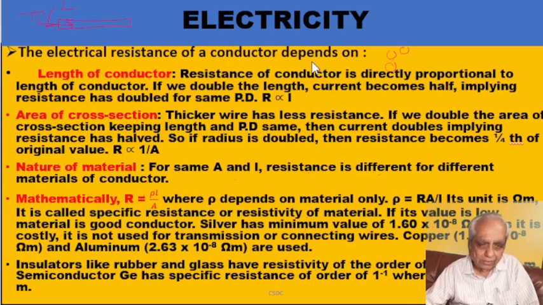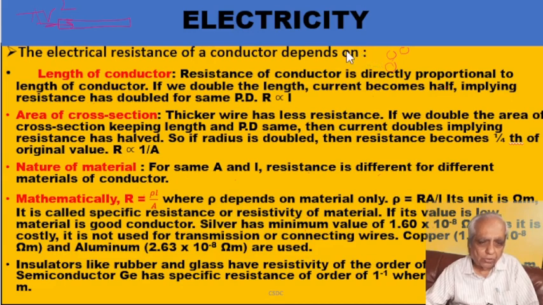Suppose you are going from place A to place B, which is 1 meter apart, you will have to overcome certain obstacles. But in case you want to go from place A to place C, which is at double the distance, you will have to overcome more obstacles. The same thing happens to these electrons. In case I double the length of the conductor, my obstacles will double.